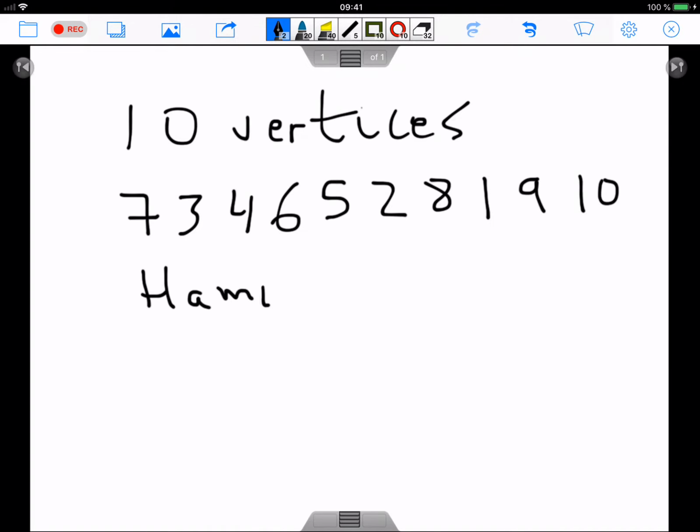So we are given this, and we are asked whether this is a Hamiltonian path or not. What can we do in order to check this?